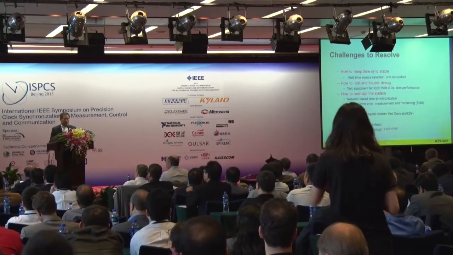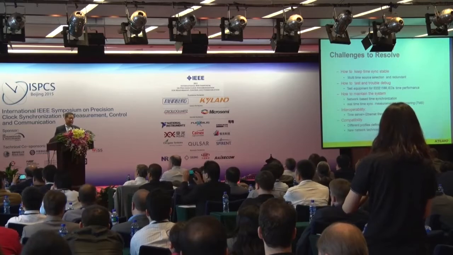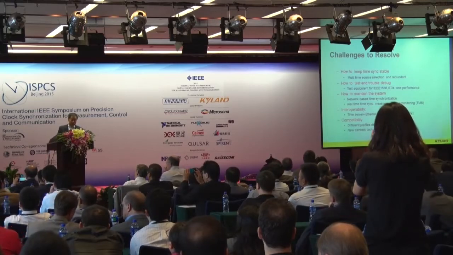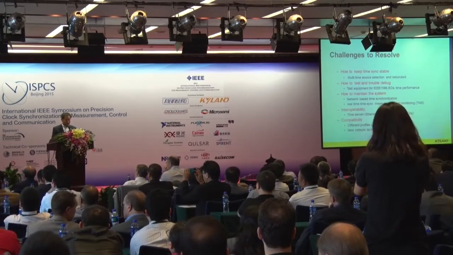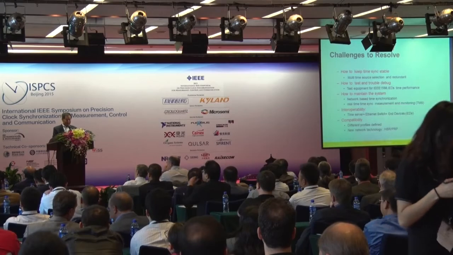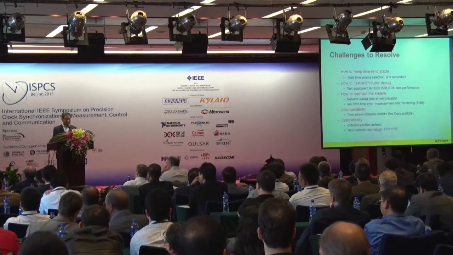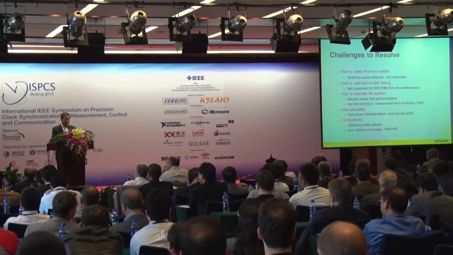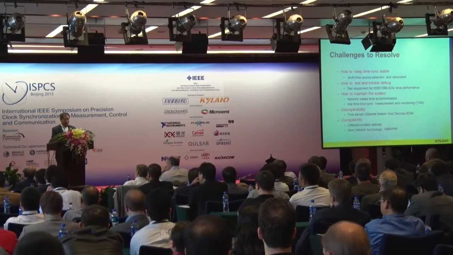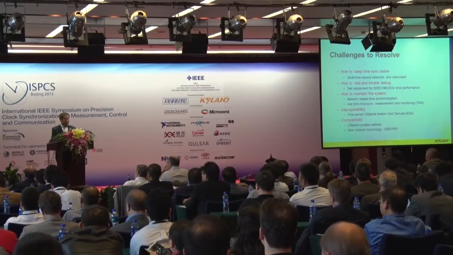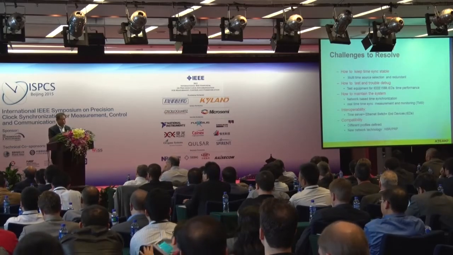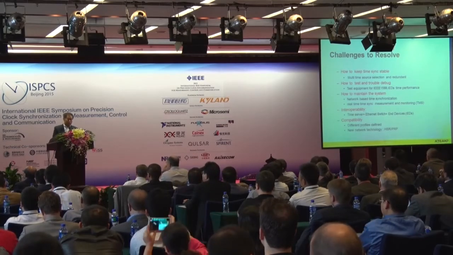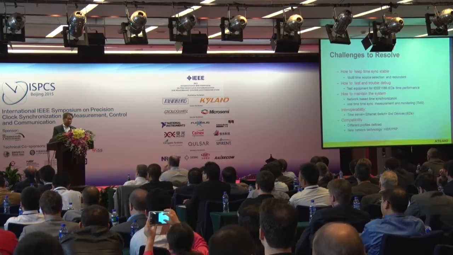As for the challenges to resolve in the smart substation, first we have to keep the time synchronization stable. That's why we use multi-source selection and redundancy. In China, we use GPS and Beidou, the Chinese GPS.